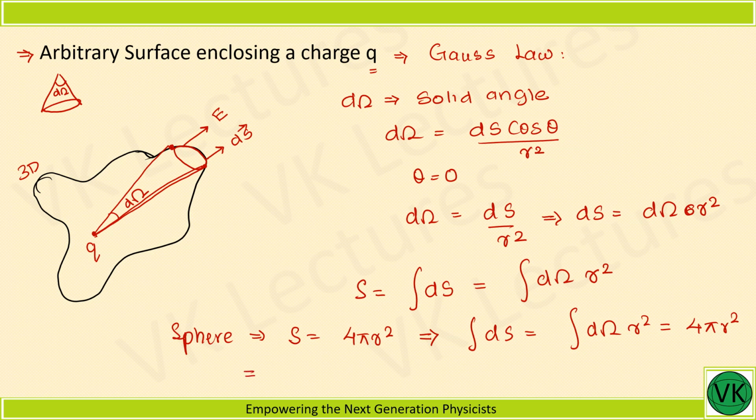Similarly, for an arbitrary surface, the total surface should be equal to the total surface area of that arbitrary surface. So this is how we can calculate the total surface area for any arbitrary surface.